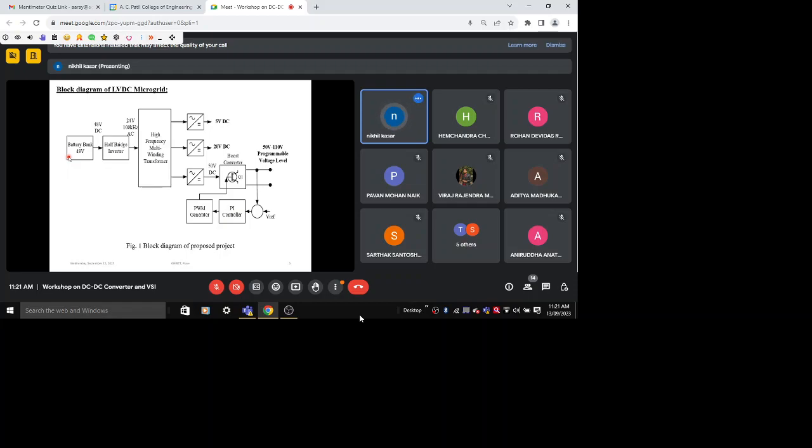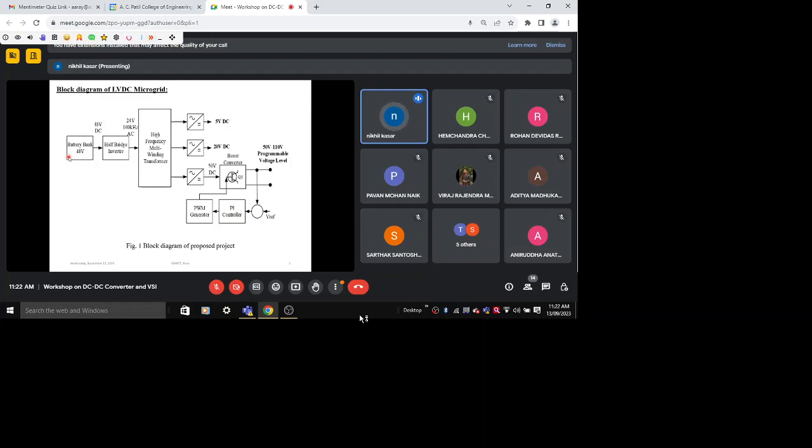But in the DC supply system, if you see multiple DC applications, for your mobile charging you require a separate DC voltage. For laptop charging you require a separate DC voltage level. For EV charging, if you have an electric car, for its charging you require a separate DC. This is what I'm discussing regarding regulation of voltage. This regulation or standardization of voltage should be clear in your minds.